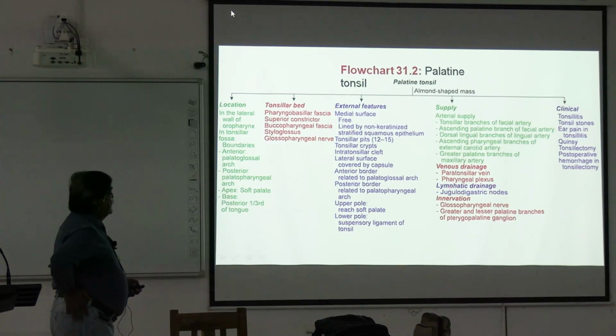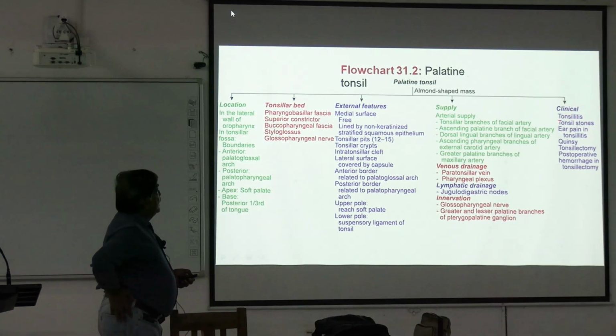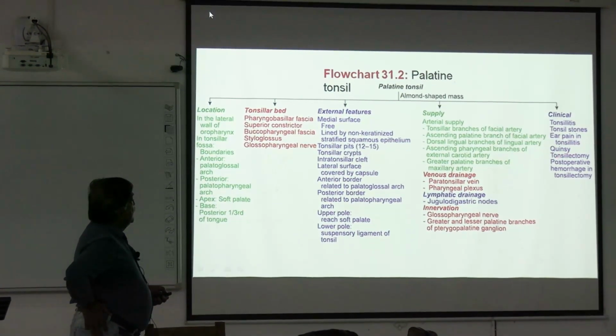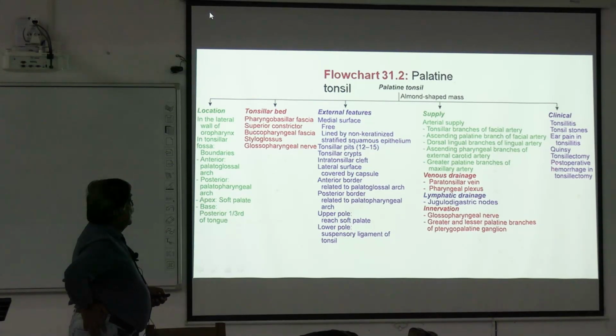Lymphatic drainage, jugulo-digastric nodes, innervation, glossopharyngeal nerve, greater and lesser palatine branches of pterygopalatine ganglion. Now clinical, tonsillitis, tonsil stones, ear pain in tonsillitis, quinsy, tonsillectomy and postoperative hemorrhage in tonsillectomy.